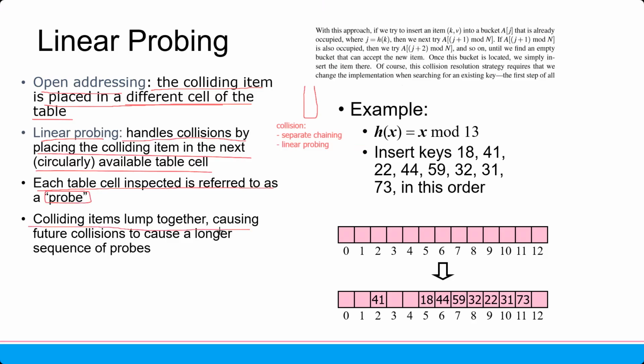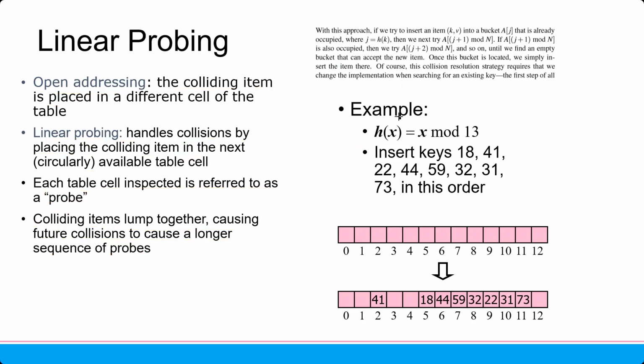Colliding items lump together, causing future collisions to cause a longer sequence of probes. It means if items overlap, it requires a longer sequence.